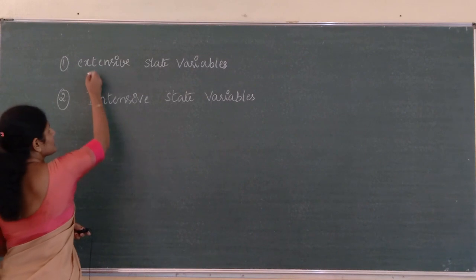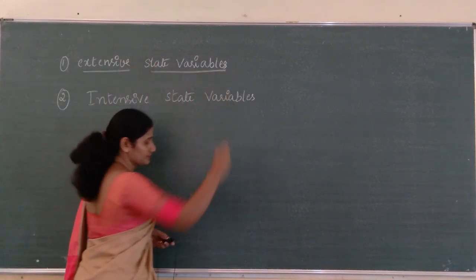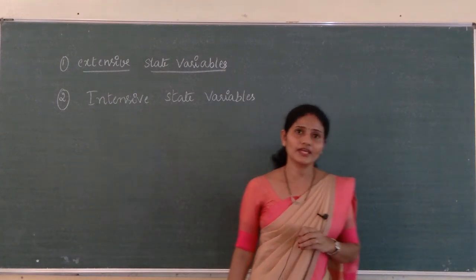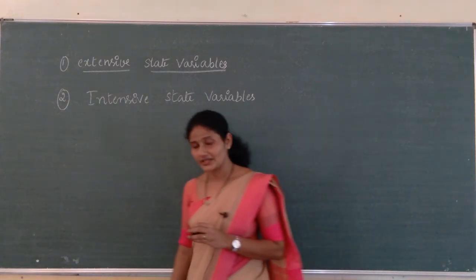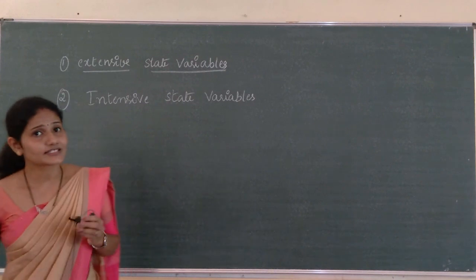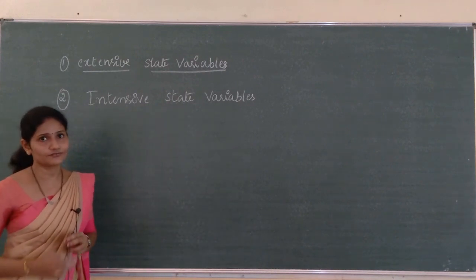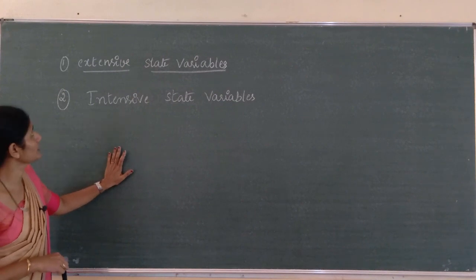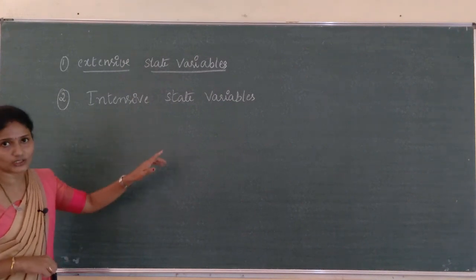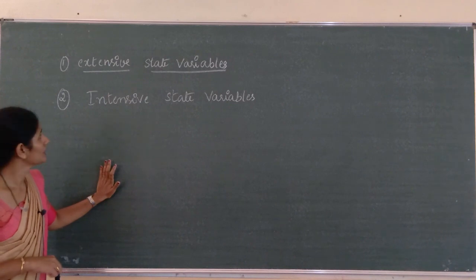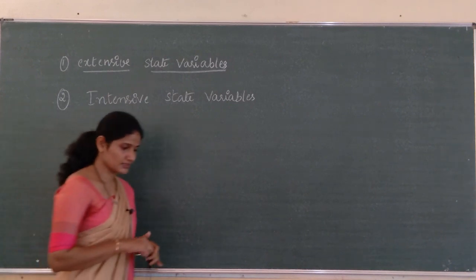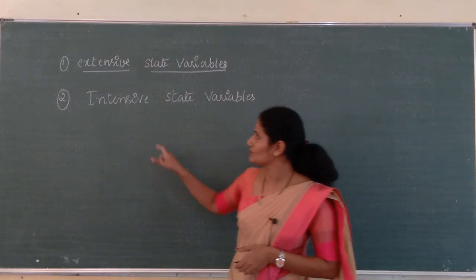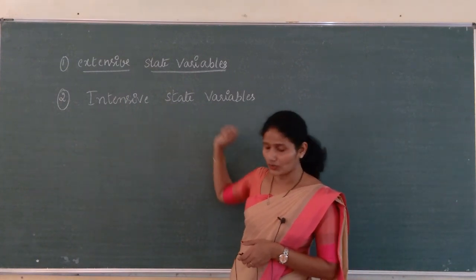What are extensive state variables? If the value of a variable changes as the size of the system changes, if they depend on the size of the system, then those variables are called extensive state variables. If the state variables do not depend on the size of the system, then those variables are called intensive state variables.